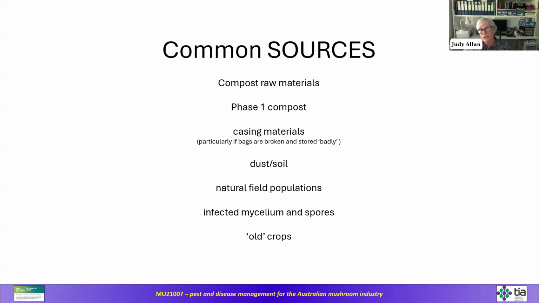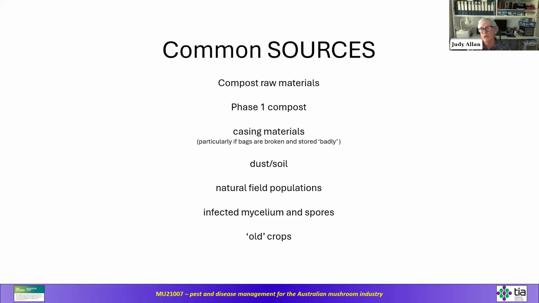A source of pests and disease can be encasing materials, and mostly when we visit farms we see that bags are broken and stored badly. It's a difficult thing to prove, but it is understood that you can be adding pest and disease with encasing materials to your crop.